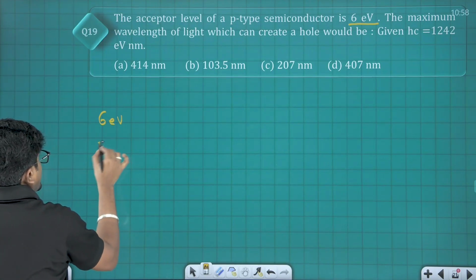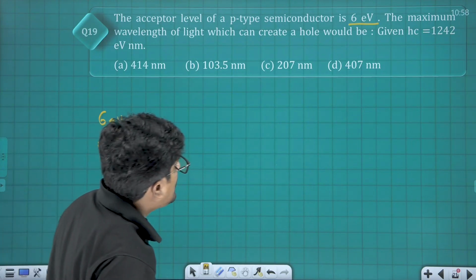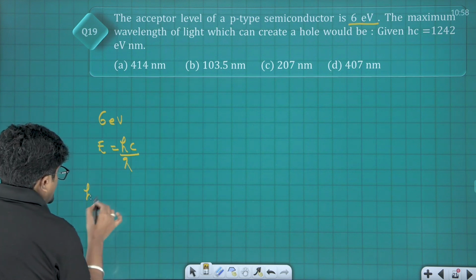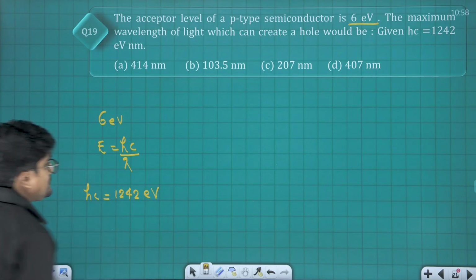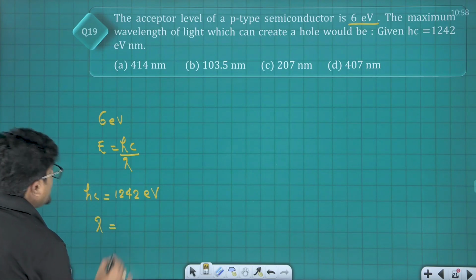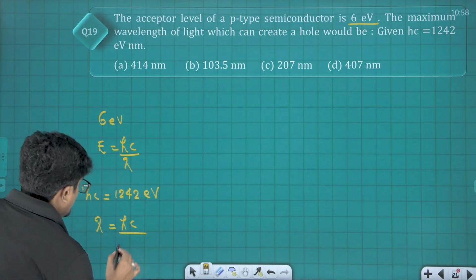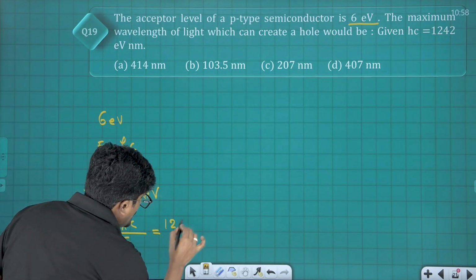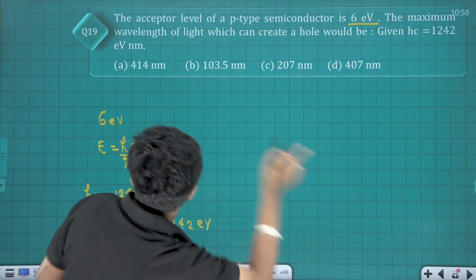We all know that E is equal to Hc by lambda, and here Hc is given as 1242 electron volt nanometer. We need the value of lambda, isn't it? So lambda is Hc divided by the energy value. We have the Hc value as 1242 electron volt nanometer.